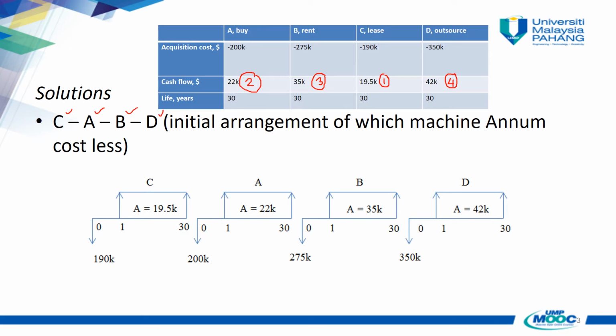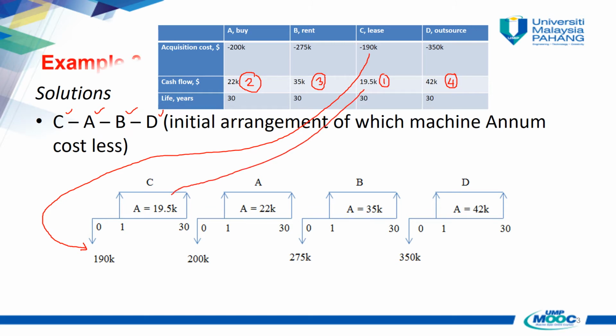Once we have this, let's construct the cash flow diagram for C first. For C, purchasing the machinery at 190,000, and then the per annum cost is 19.5 positive because this is our cash flow.